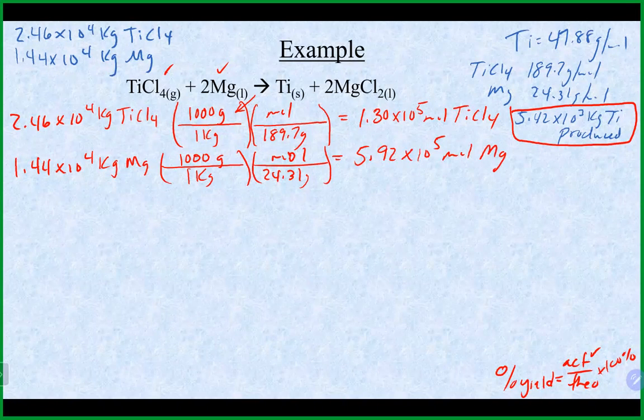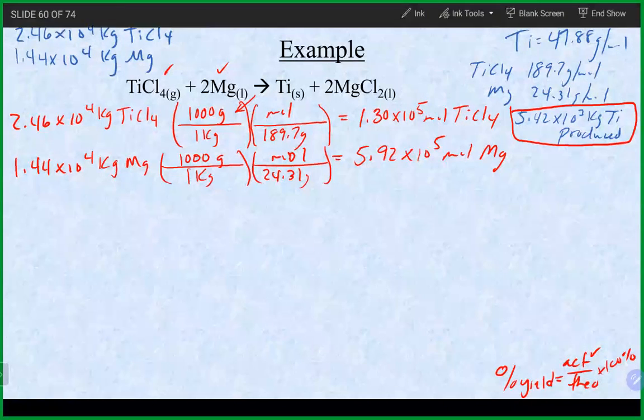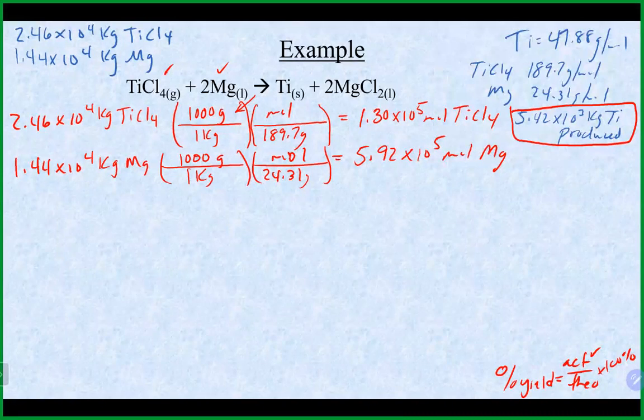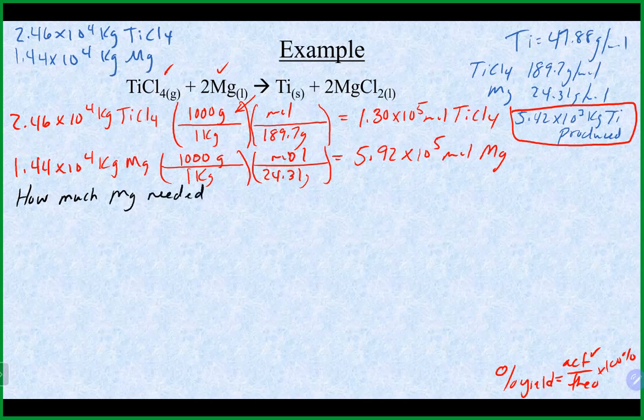So just like we've been doing, I'm just going to grab one of the reactants and do a calculation to figure out how much of the other reactant is needed to use it up. So in this case, I'm going to try to figure out how much magnesium is needed to use up all of the TiCl4.